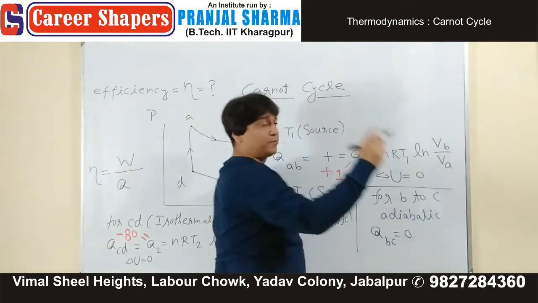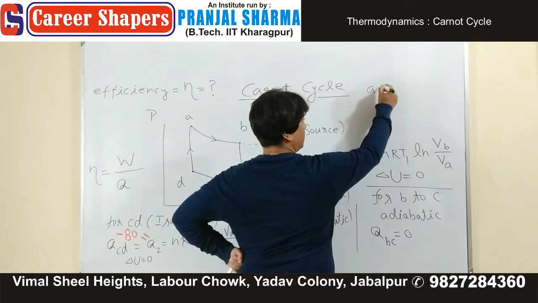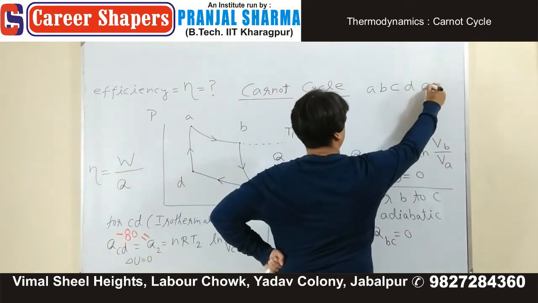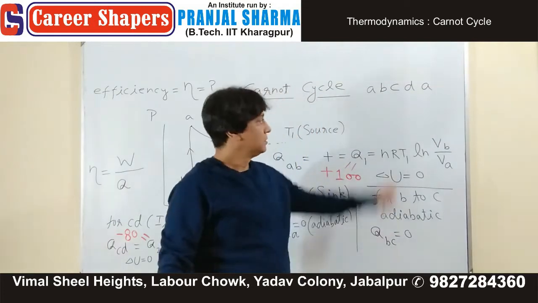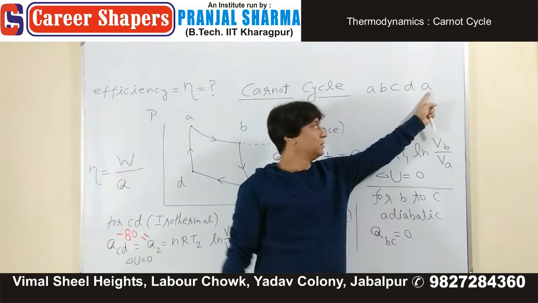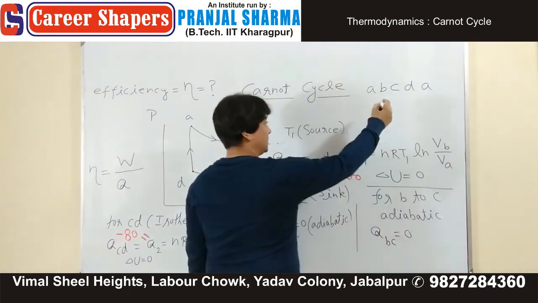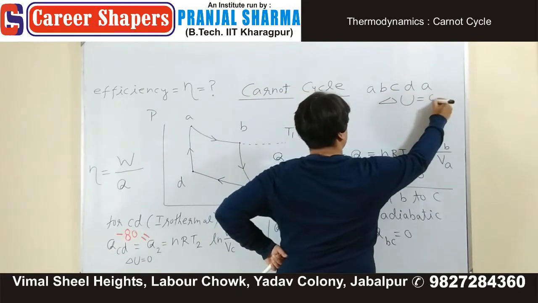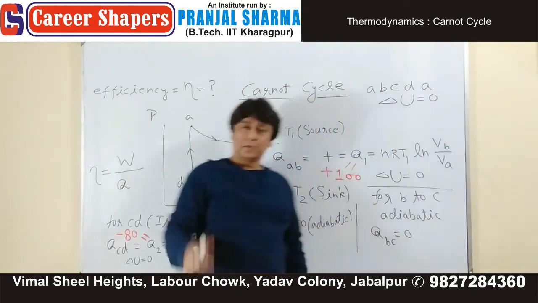For the complete process, A, B, C, D, A, A to A, a complete cycle, delta U is what? 0. I already told you this.